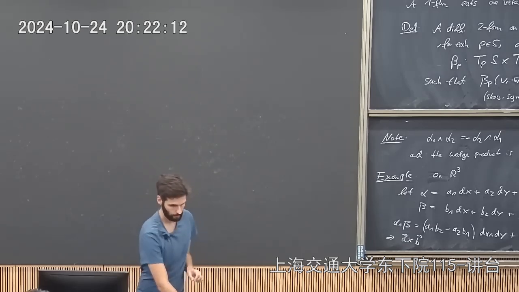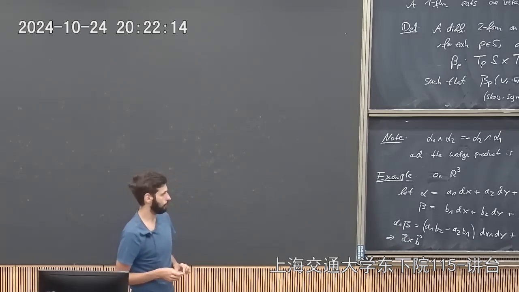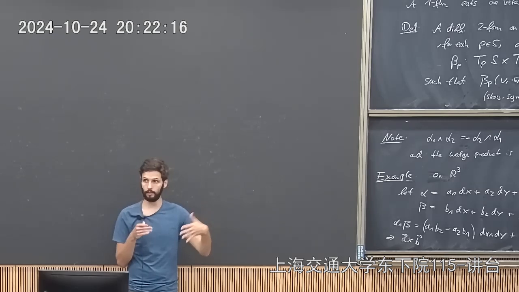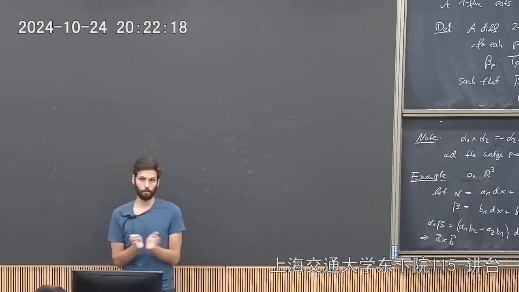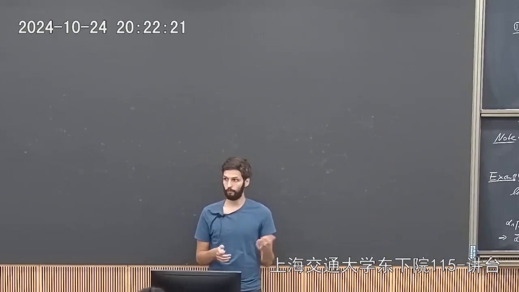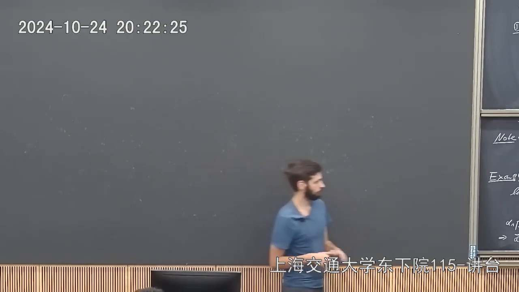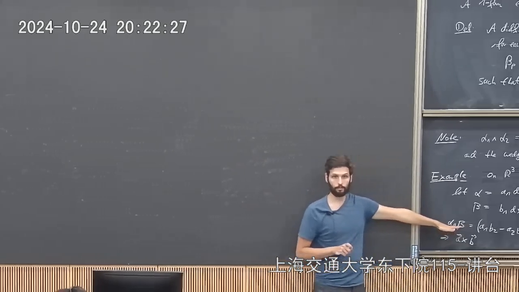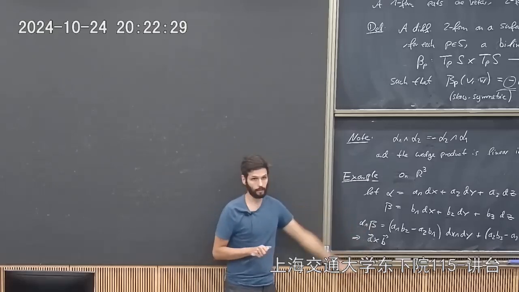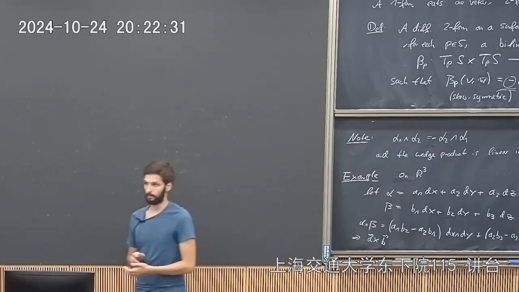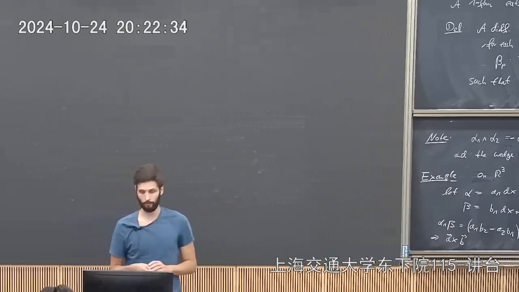So that's maybe already one motivation why you might be interested in this kind of wedge product, because it generalizes the cross product that you know from early on to something that now makes sense on the surface. And that's the motivation why we need this wedge product to talk on the surface.